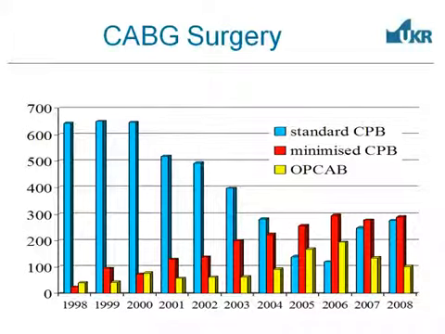You see here the red bars. This is the increasing experience with these minimized cardiopulmonary bypass systems, which now make up about 40%, the same as the standard cardiopulmonary bypass; the standard are the training cases and the combined cases with valve surgery, apart from 20% OPCAB. So we now have experience of more than 1,500 cases with this technology.